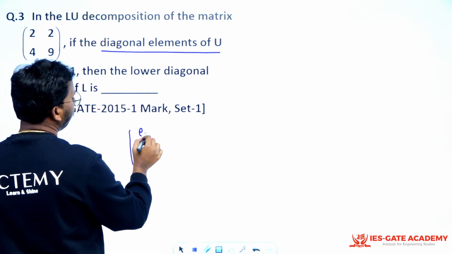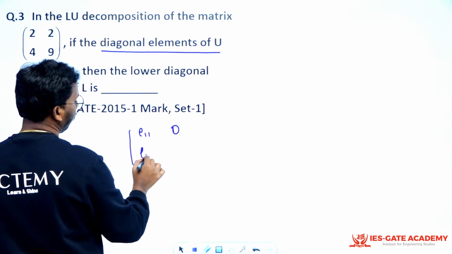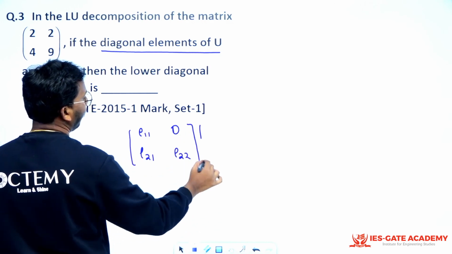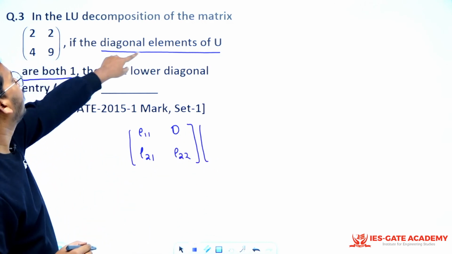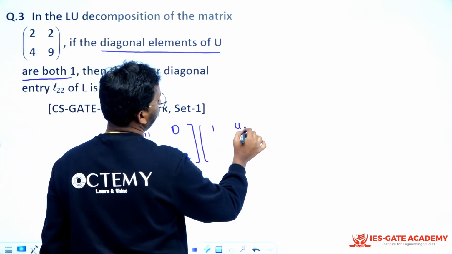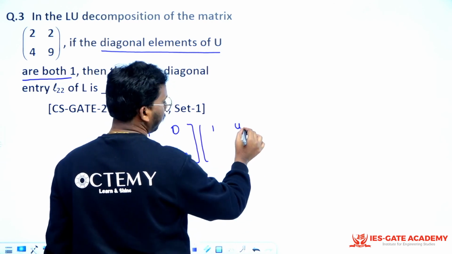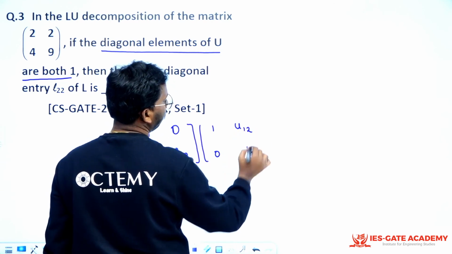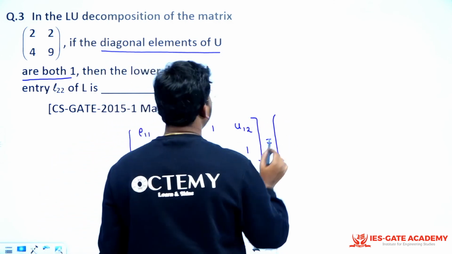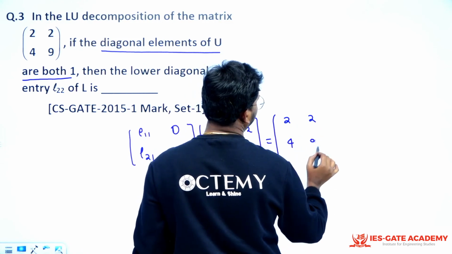So this is L11, 0, L21, L22. And here the diagonal elements of U are both 1, so this is 1, U12, 0, 1. If he is mentioning like this clearly, then it is well and good. The matrix is [2 2; 4 9].